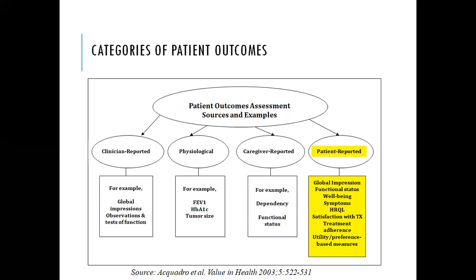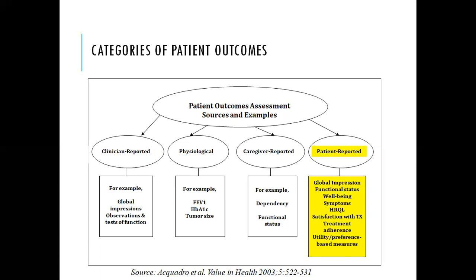And I'll call it for the day today, because this is what I wanted to focus on, that whenever we are talking about the outcome assessment, we can focus on four aspects, four broad perspectives of outcome assessment. These broad perspectives could be the clinician reported, the physiological, the caregiver reported, and the patient reported.